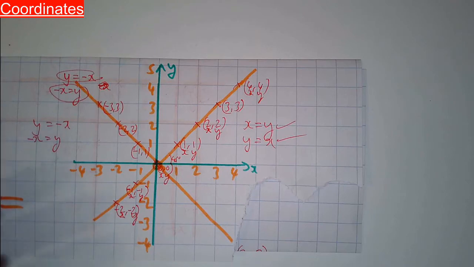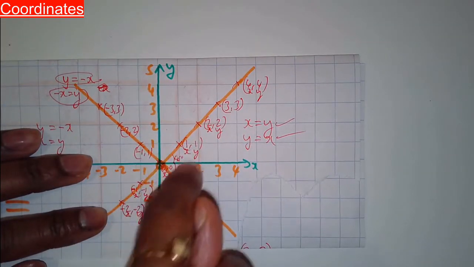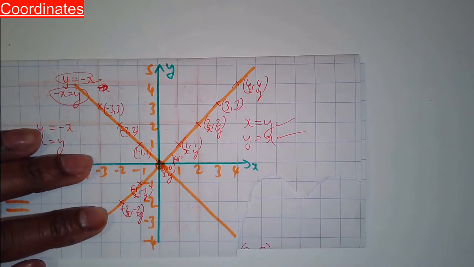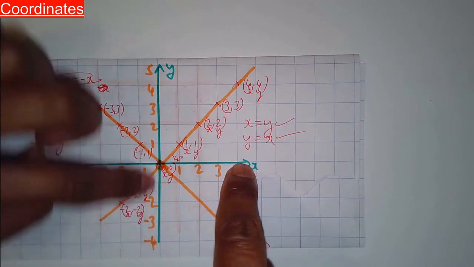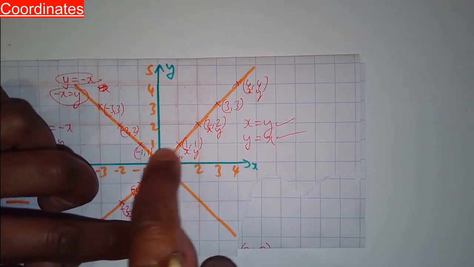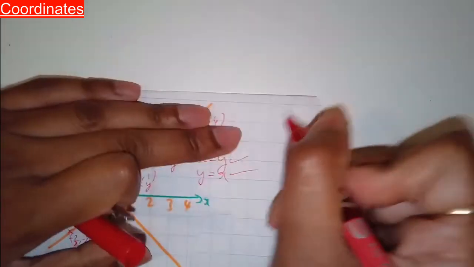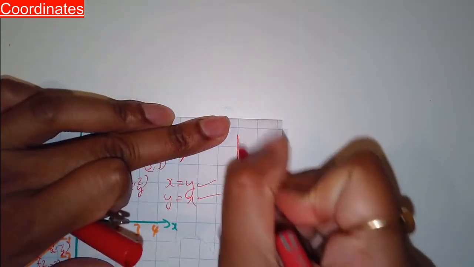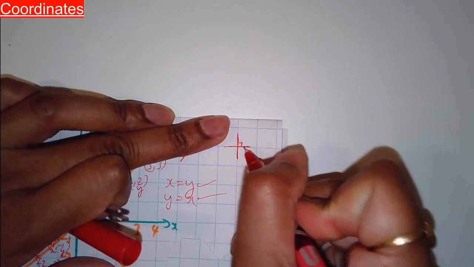Right, just a while ago I told you that the x-axis and y-axis are 90 degrees to each other. The technical name for that is perpendicular. The x-axis is perpendicular to the y-axis. They are at right angles to each other. For example, this line here and this line here are 90 degrees to each other.